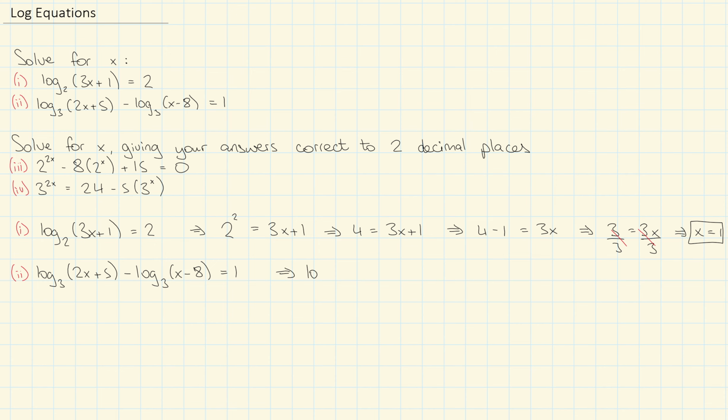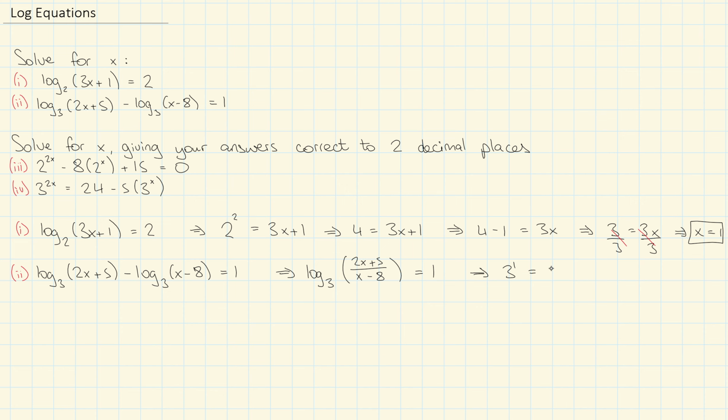So my next line will read log to the base 3, the first one goes on top always, and that equals 1.